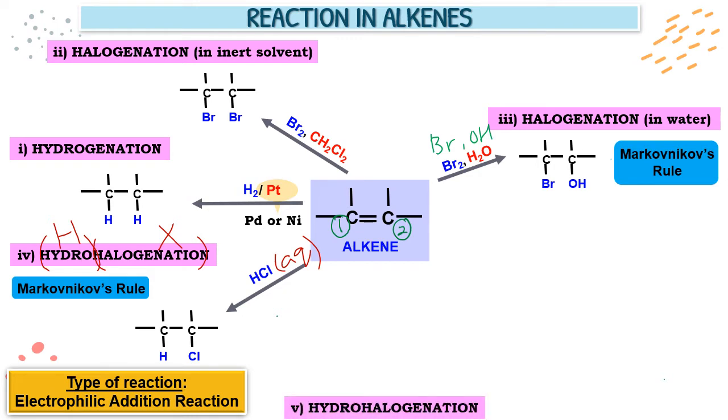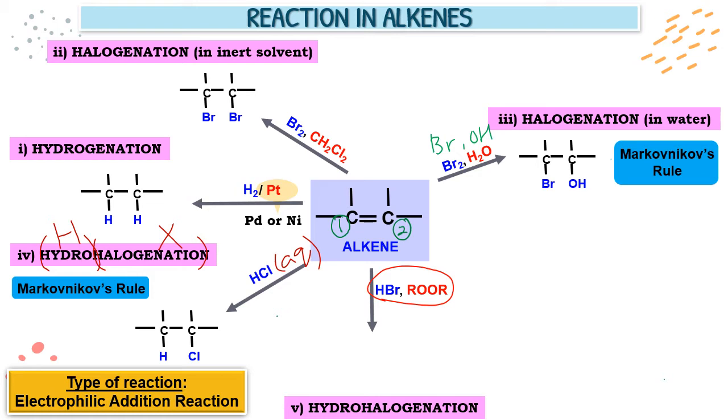Next, another hydrohalogenation reaction for the 5th reaction. But for this one, the reactant is different. It's a combination of HBr and peroxide. If you see ROOR, R here is your alkyl group, meaning carbon bonded to oxygen, oxygen bonded to oxygen, and then bonded to another alkyl group.